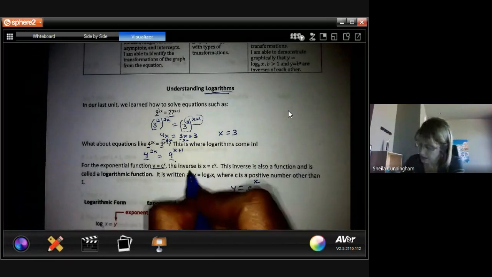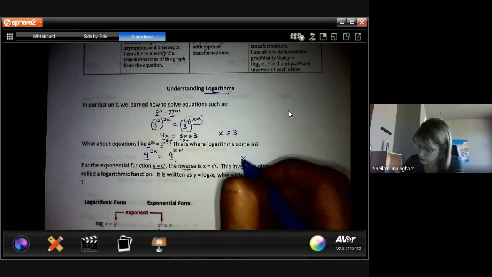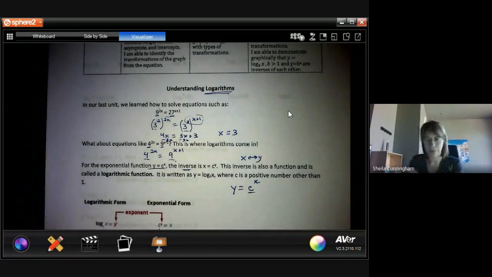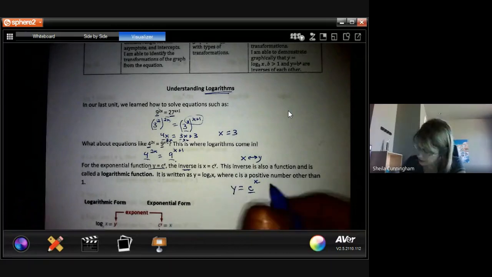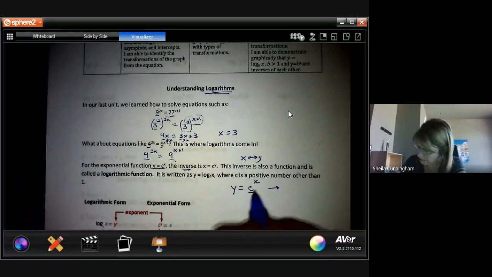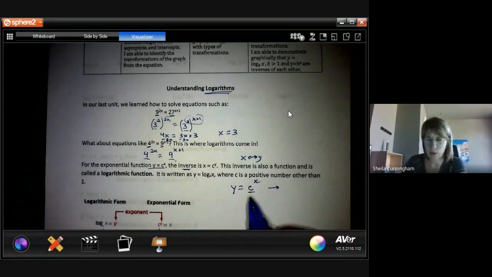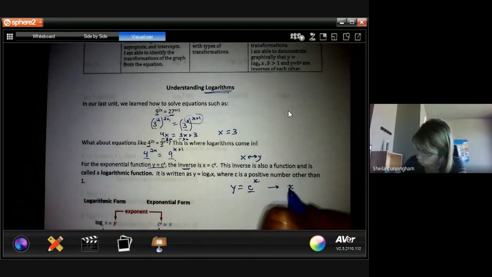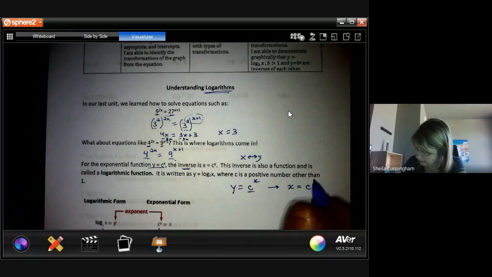We were really just taking our x and our y and swapping them, right? So if I wanted to take the inverse of our exponential equation, then all I would be doing is literally swapping out my x and my y.